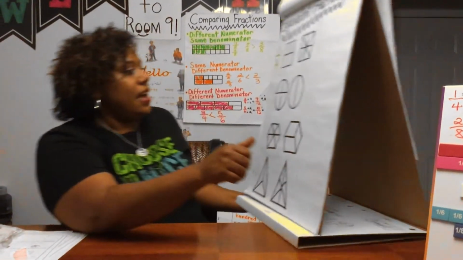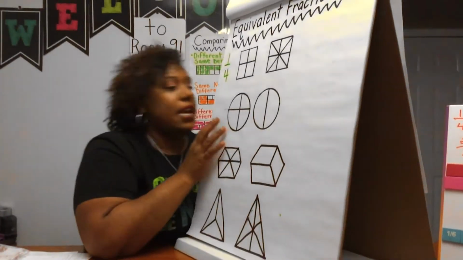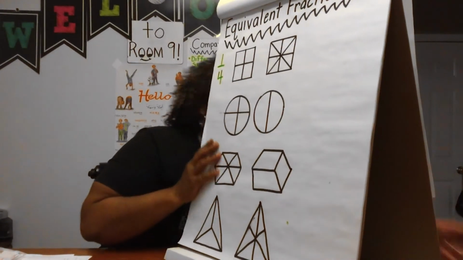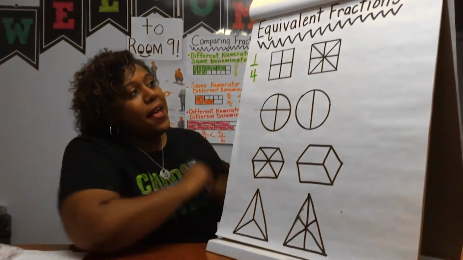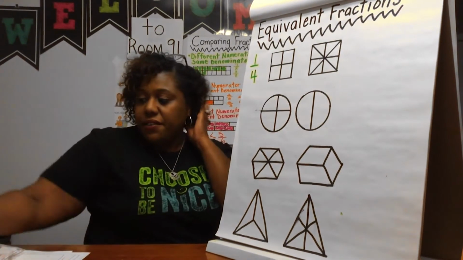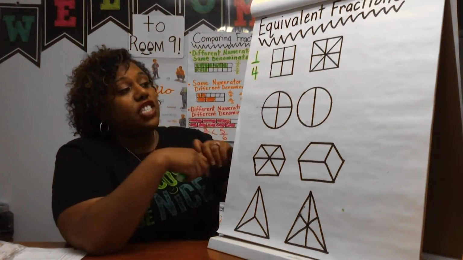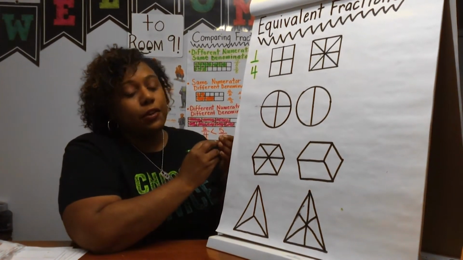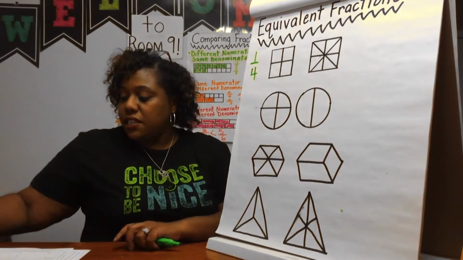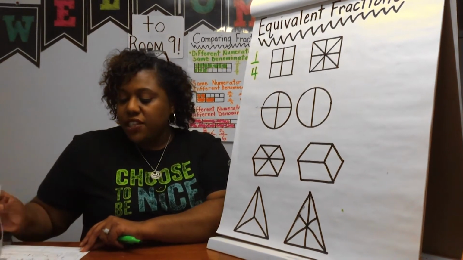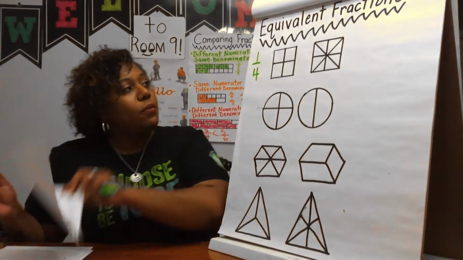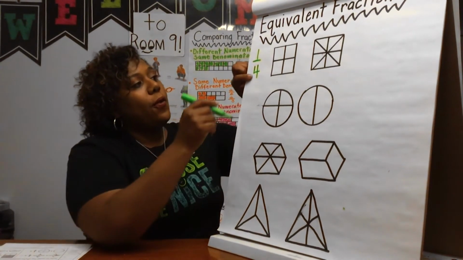So I have done my best to make equal parts. It's a bit of a challenge, but I think we have it here. So we're gonna have to do some filling in, shading in order to get these fractions to be. So I'm going to give you your fraction, and your first one is 1/4.